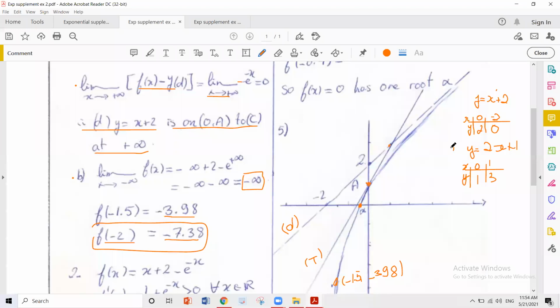If x is 0, y is 1, and if x is 1, y is 3.